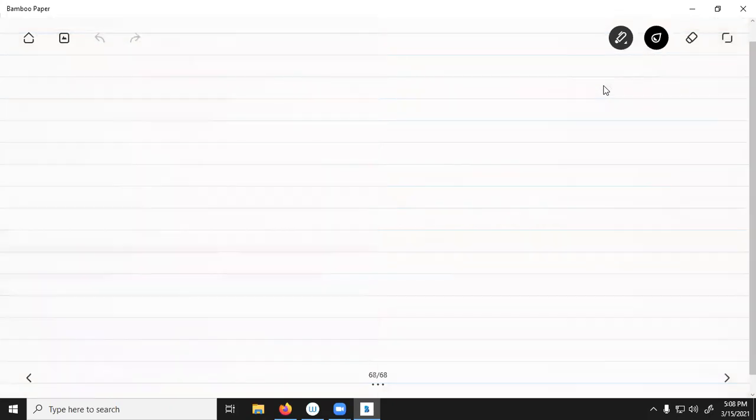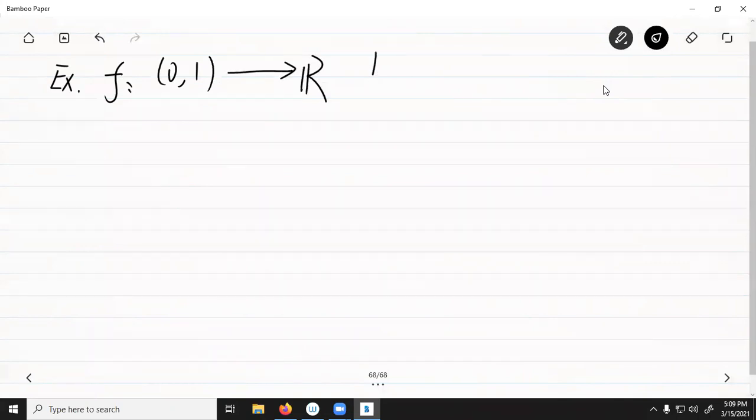So now let's look at some examples. We have a function f that maps the open interval from 0 to 1 to the real numbers, defined by f of x equals 2x.